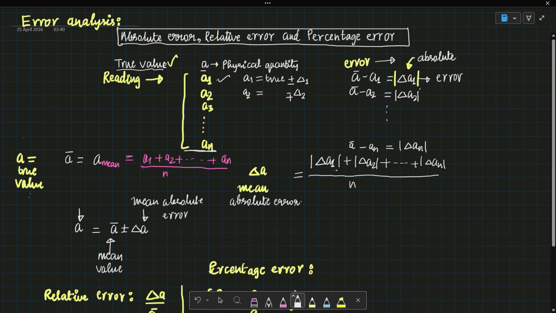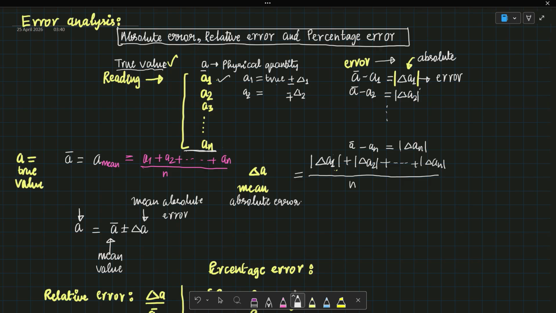So instead of taking only one or two readings and saying that is the true value of the physical quantity under experimentation, we take n number of readings and take the average of that, and the average value is close to the true value.